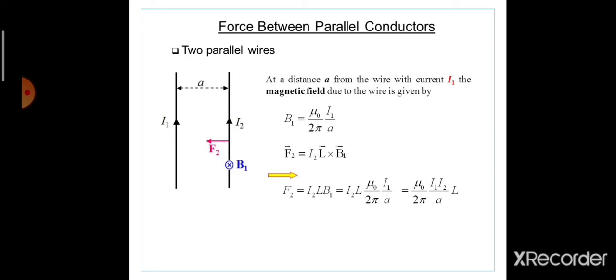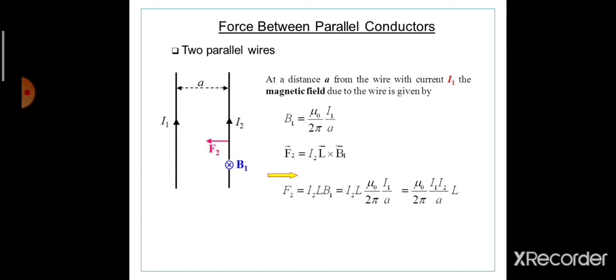Hence, the force on the second wire F2 due to the magnetic field produced by the first wire is given by I into dl cross B. That was the equation for magnetic force. So here F2 = I2 into L cross B1.